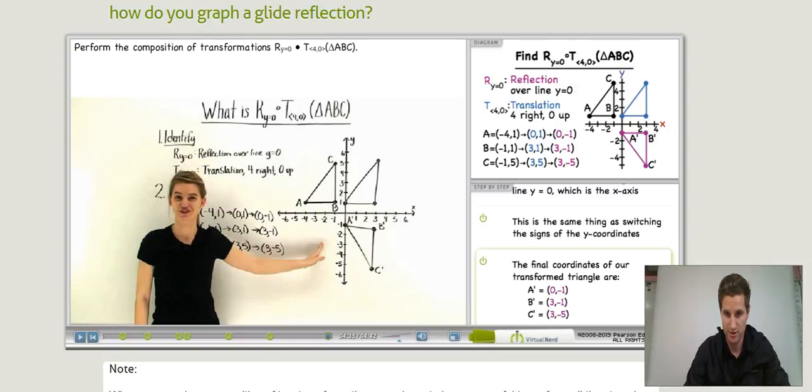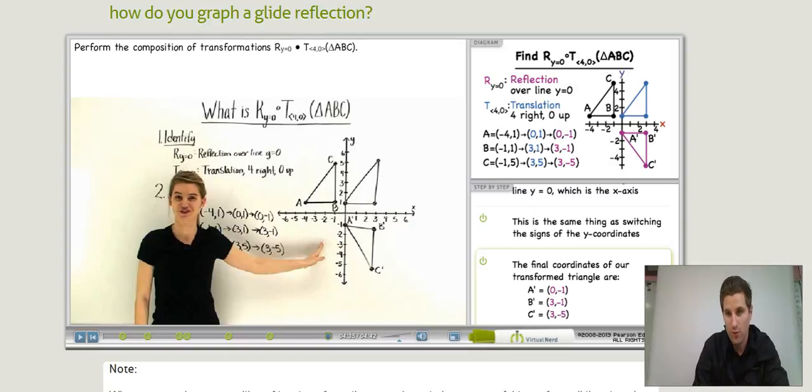Now, notice that this was considered one transformation. It's considered one transformation because it's a composite transformation. It's two moves in one, but we still consider it only transforming one time. So that's why it's A prime, B prime, C prime, and it should not be A double prime, B double prime, C double prime.